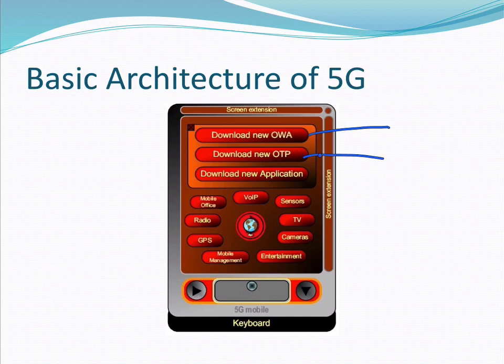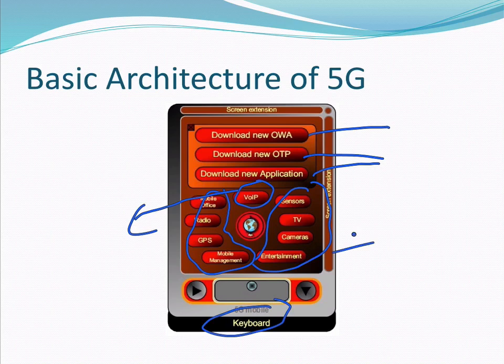Now in the next slide we'll see what is OWA, what is OTP, and how the application is downloaded. In this one we are having TV, cameras, entertainment, and here having mobile office, radio, GPS technology all, and here we are having VoIP, voice over internet protocol, and here is the keyboard. So this is the fifth generation basic architecture.